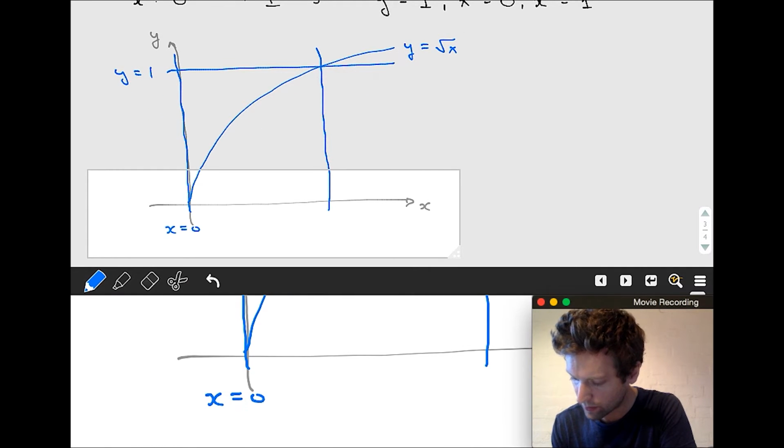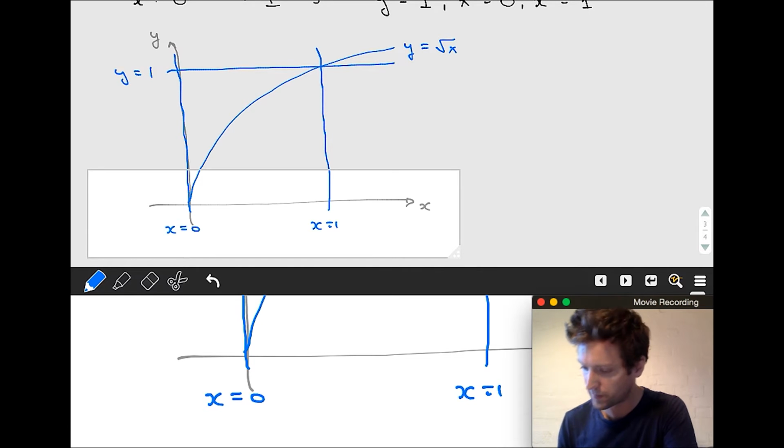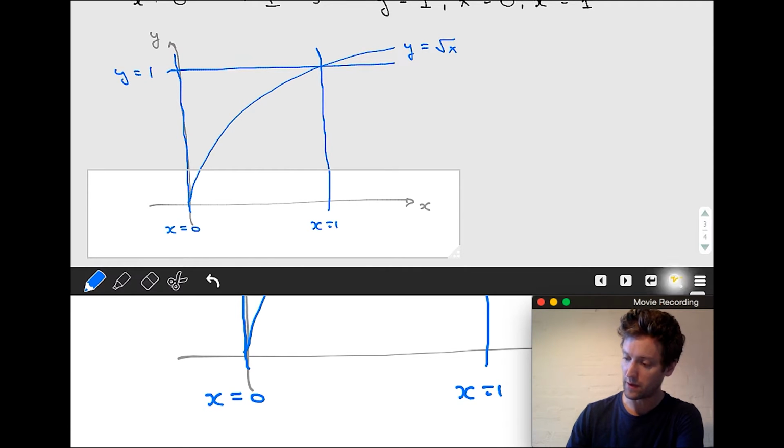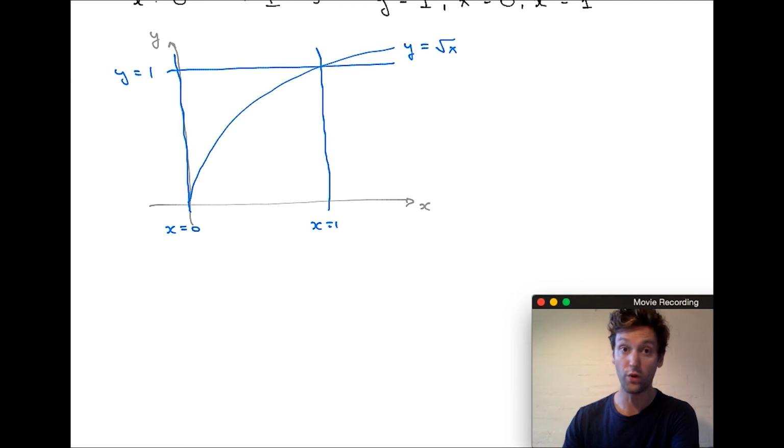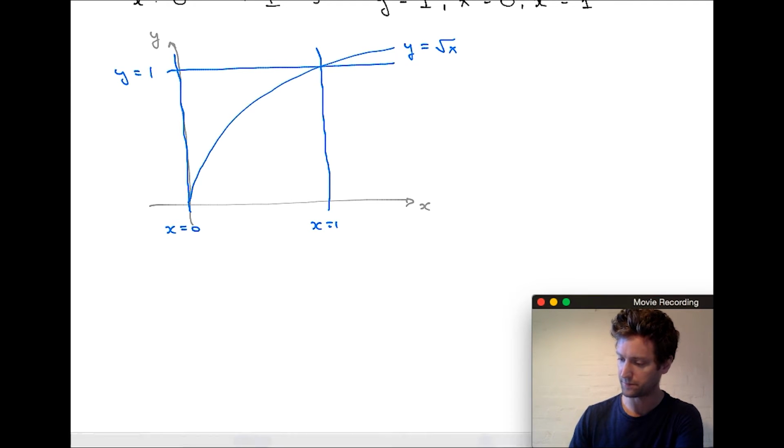We want to find out where the points of intersection are, and you can see that they are at the points 1, 1 and 0, 0.